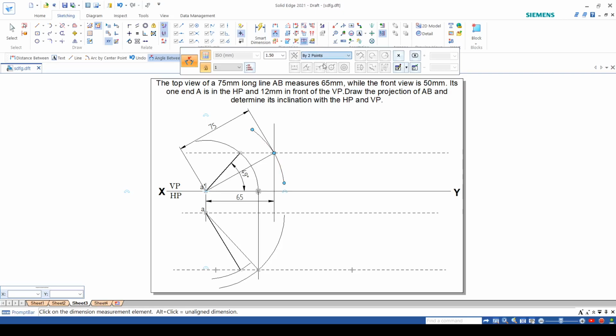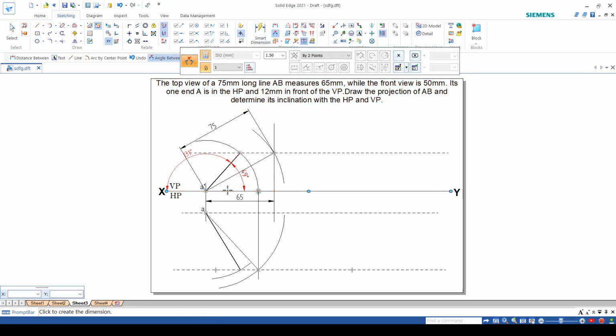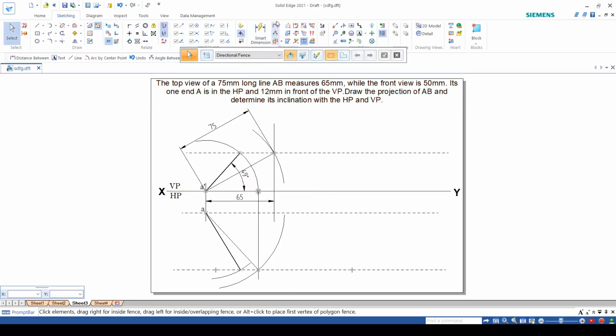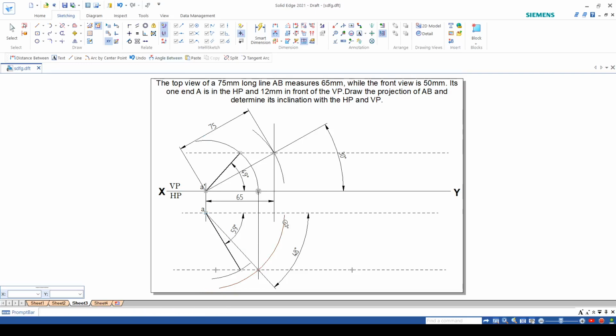This is 30, this is 48, and the last one is. Actually these two are not asked in the question, but I marked them.